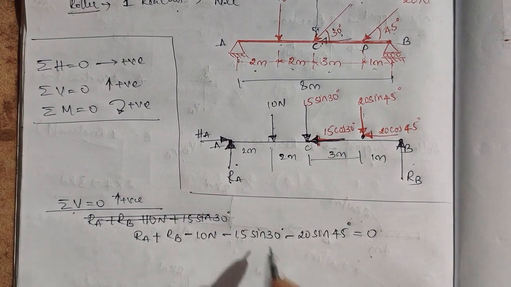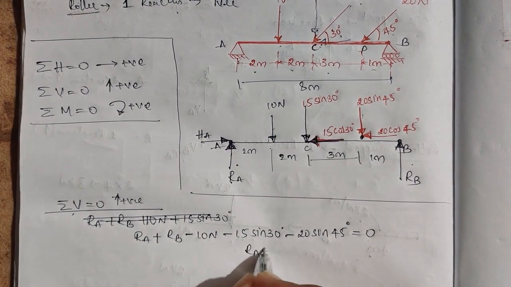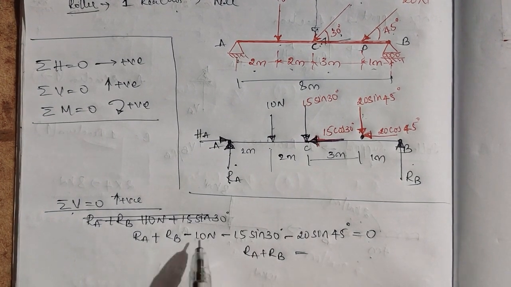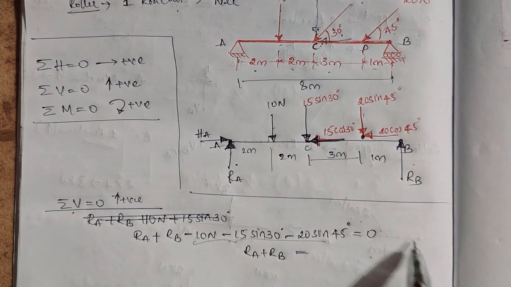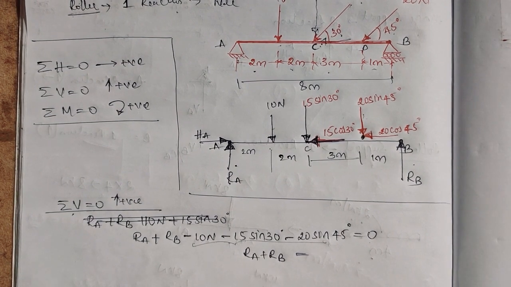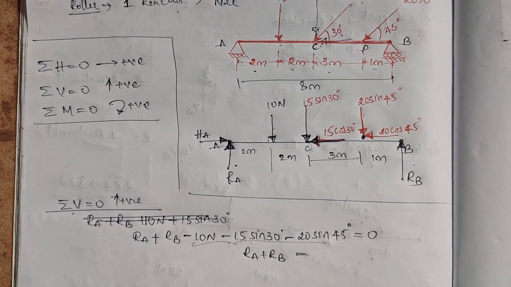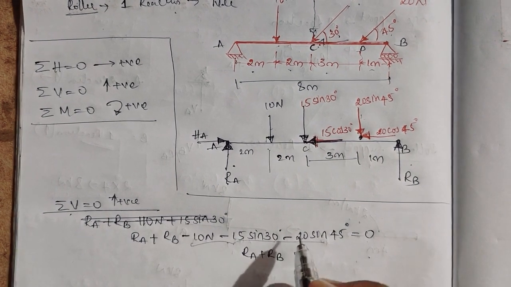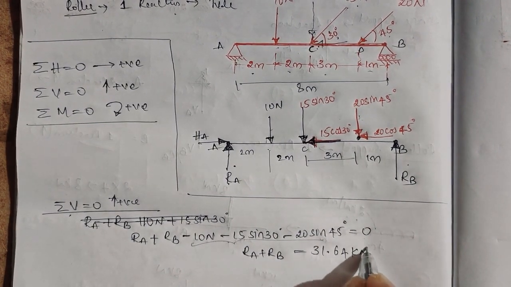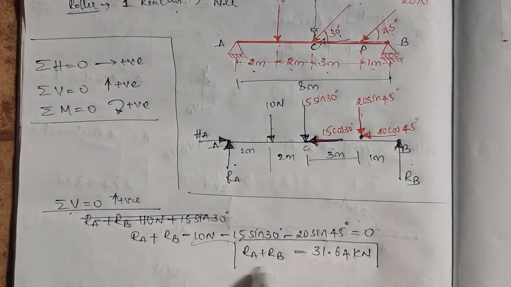After solving, RA plus RB is equal to 15 sin 30 plus 20 sin 45 plus 10, which would be 31.64 kilo Newton.